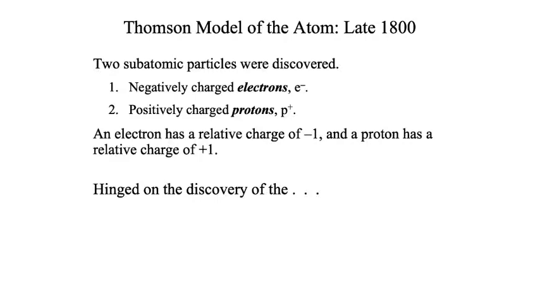In his discovery, he notes that an electron has a negative charge and a proton has a positive charge. These are relative charges. So what he's able to say is that relatively there's this particle that has some negative characteristic, there also has to be a particle that has some positive characteristic, okay, to counteract that.